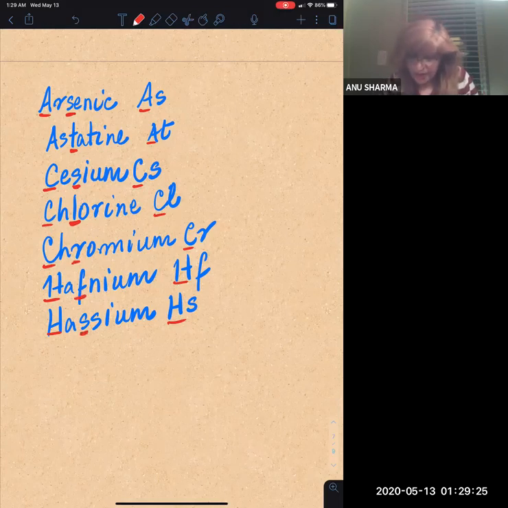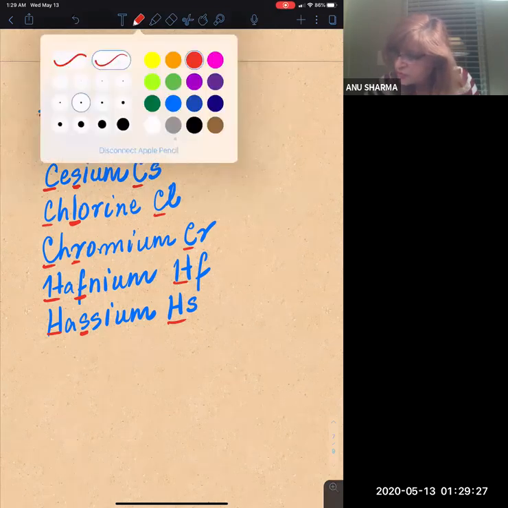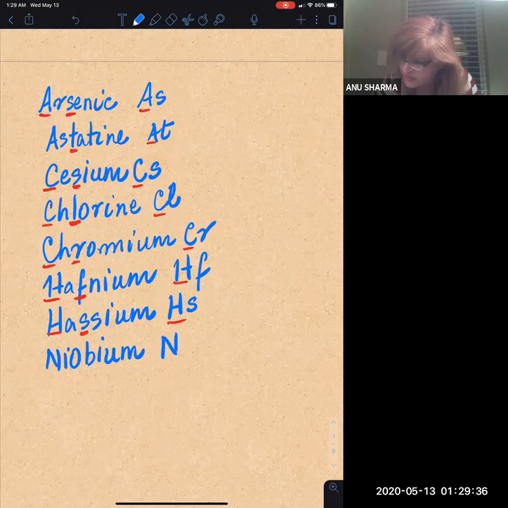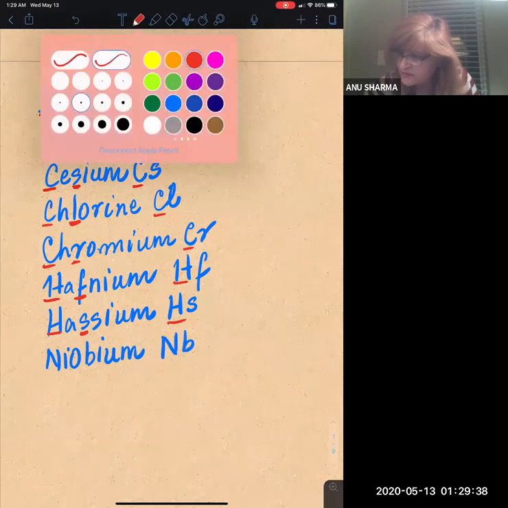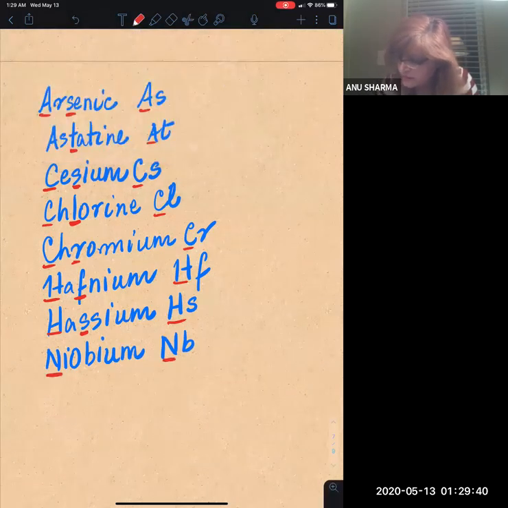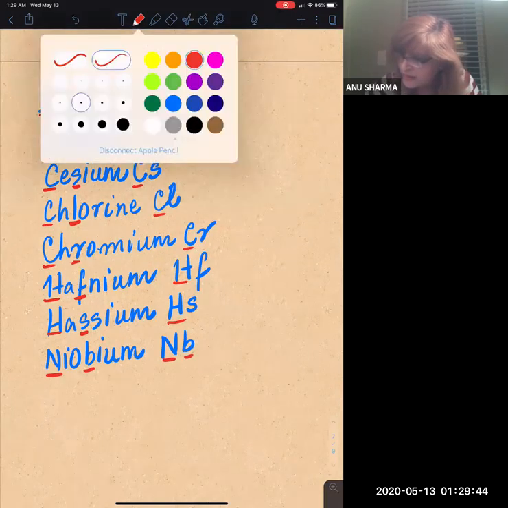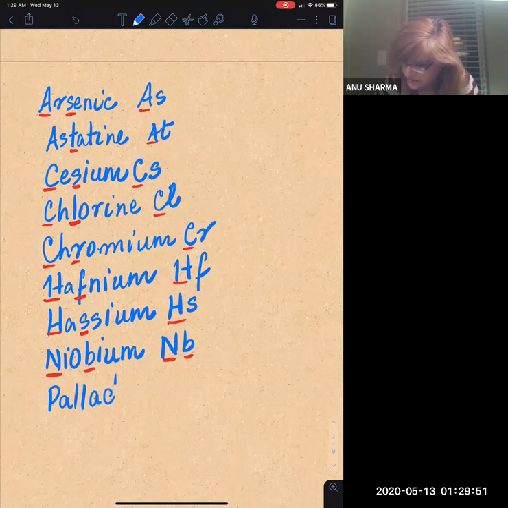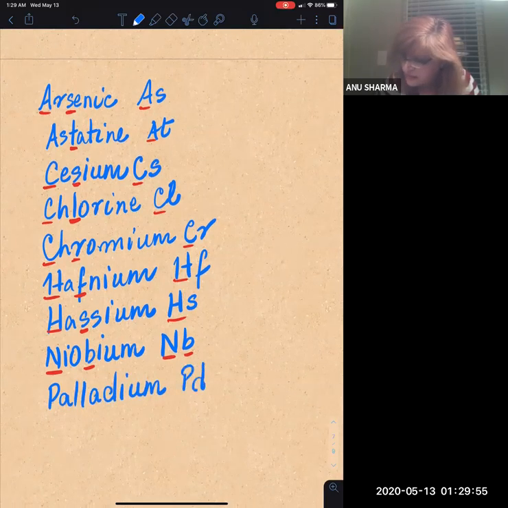But let's look at, for example, niobium. Niobium is N-I-O-B-I-U-M, and the symbol is Nb. So in this case, we have the first letter, fine, but we have the fourth letter, okay? For example, palladium, P-A-L-L-A-D-I-U-M, and it is Pd, okay?